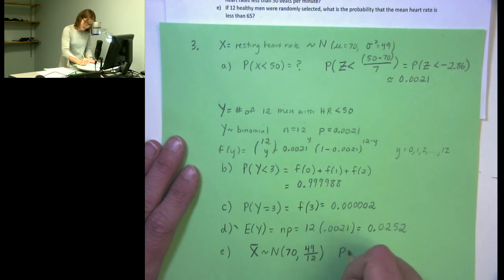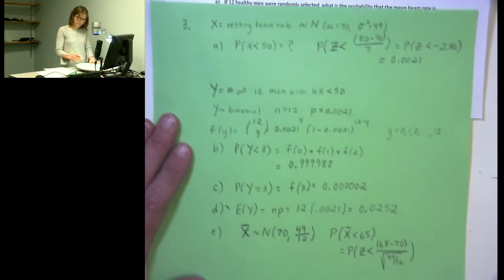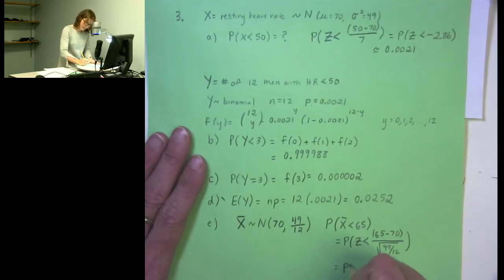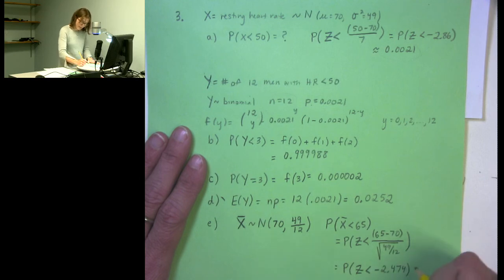So now, the probability that the sample mean is less than 65 is going to be the probability that a standard normal is less than the standardized value, 65 minus 70, divided by the square root of 49 over 12. That's the probability that a standard normal takes a value less than negative 2.474, which is approximately 0.0066.